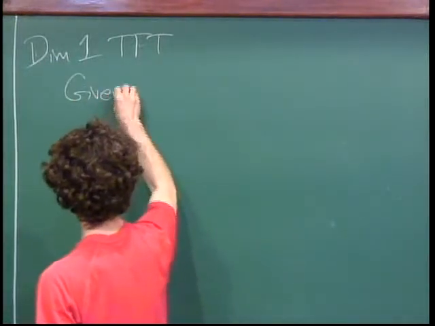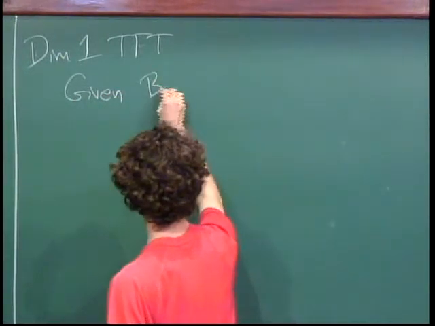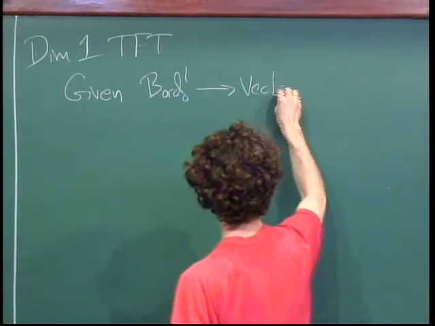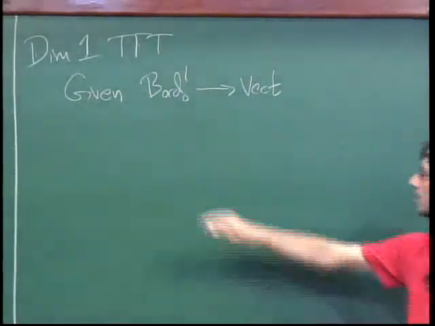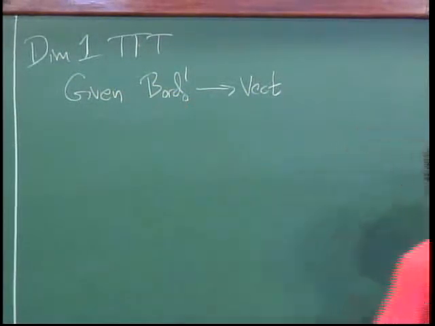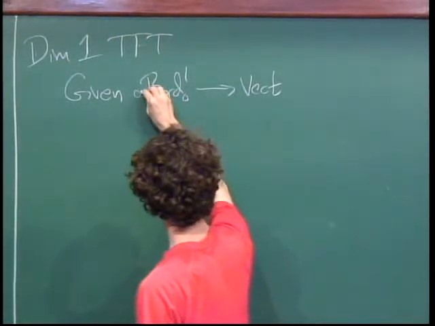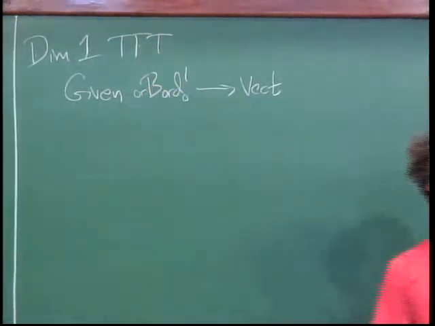So given some one-dimensional topological field theory like this, I'm now actually going to implicitly think not just about any manifolds, but about oriented manifolds. So I'm really thinking about the oriented bordism category. So all the manifolds come equipped with an orientation.